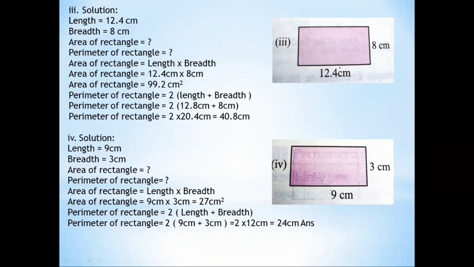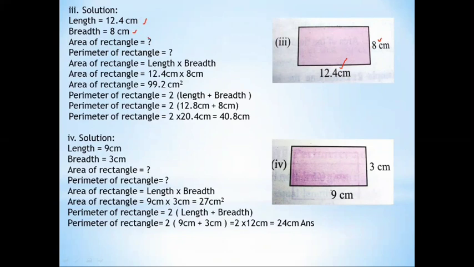The length is equal to 12.4 centimeters. Breadth is equal to 8 centimeters. So this information we have to write at the very start of the sum. Let us write the solution: which values, which information we are given. We are given the value of length, that is 12.4. In the same way, we are given the breadth, that is 8 centimeter.